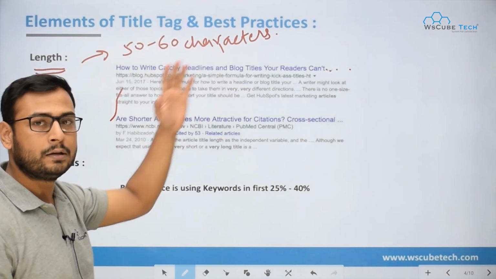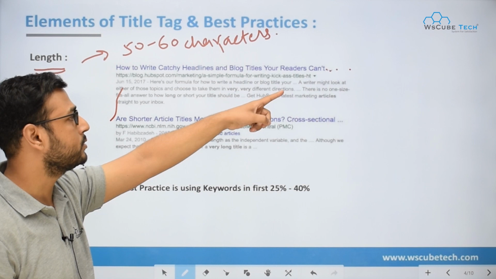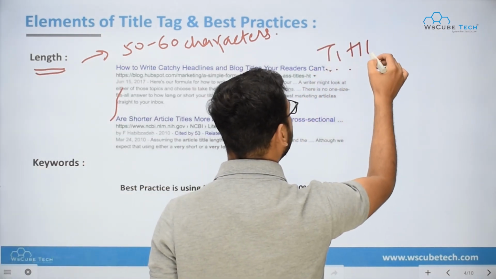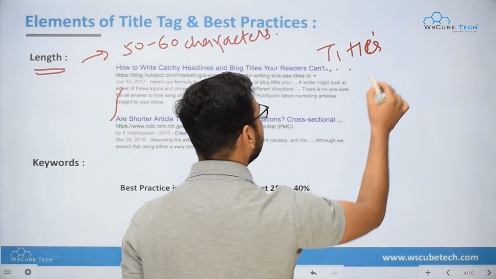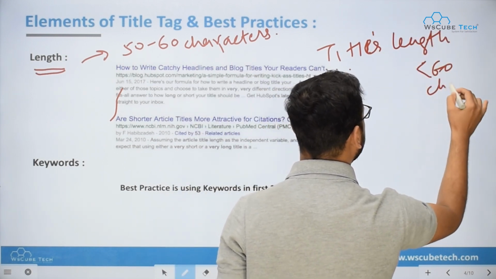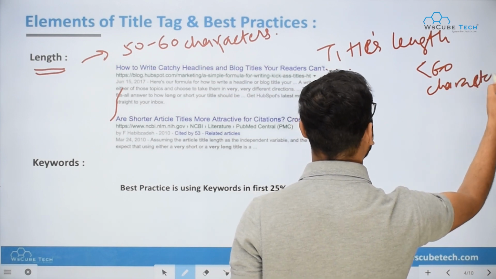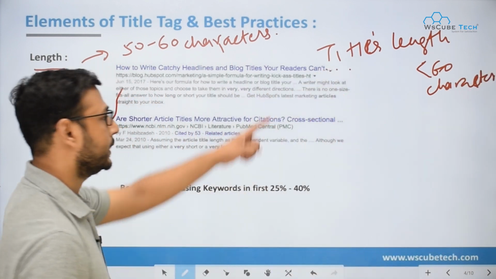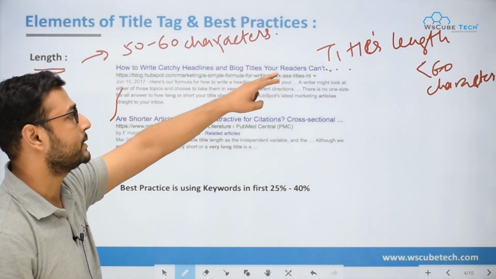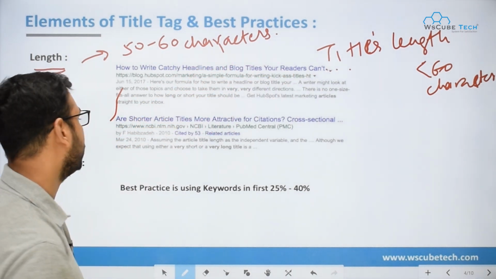It is not user friendly and not crawler friendly. Keep your title length under 60 characters, because a cut-off title is not convincing users to click, as it is not complete.